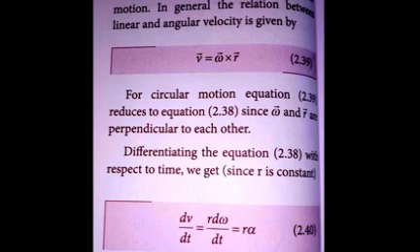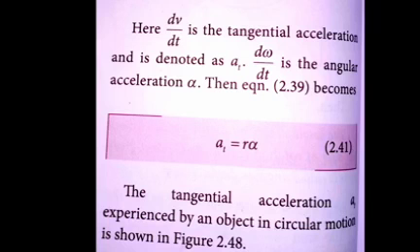Students, we do not differentiate the radius, because there is no change in radius in a circular path, so we just keep r in front on the right-hand side. Therefore we get dv divided by dt equal to r into d omega divided by dt. Since d omega by dt is the rate of change of angular velocity with time, that is angular acceleration alpha, dv divided by dt equals r into alpha.